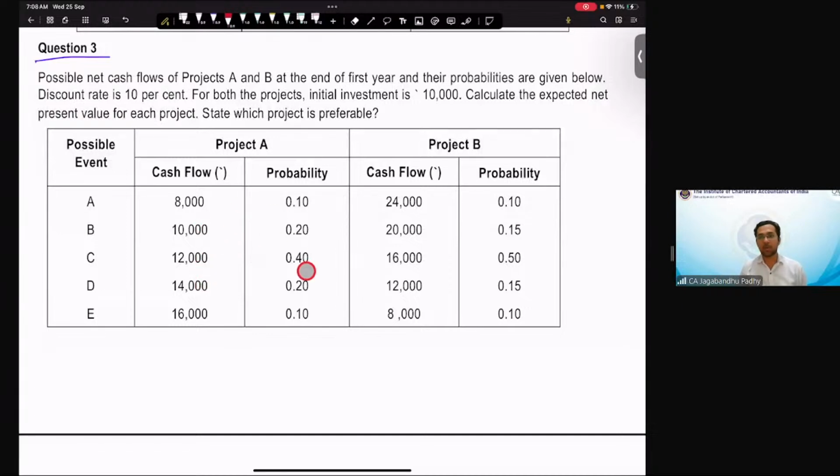Using the cash flows and probability, can I say we'll be arriving at the expected cash flow of the project after a year? We'll be able to get the expected net cash flows, and then we will look for the possible NPV. So first, we are going to get the expected net cash flow.